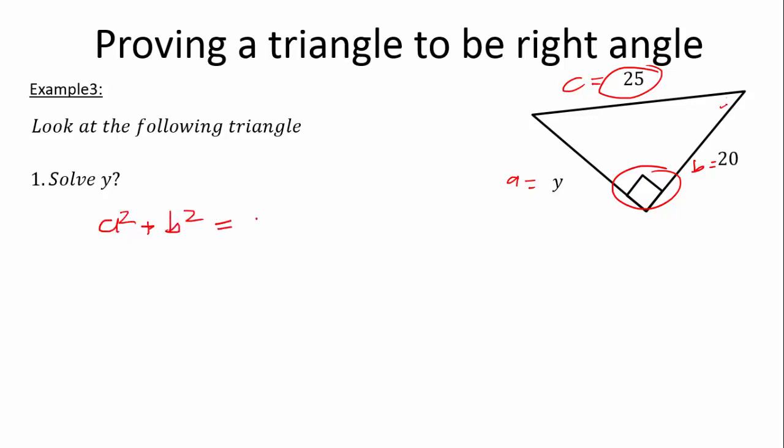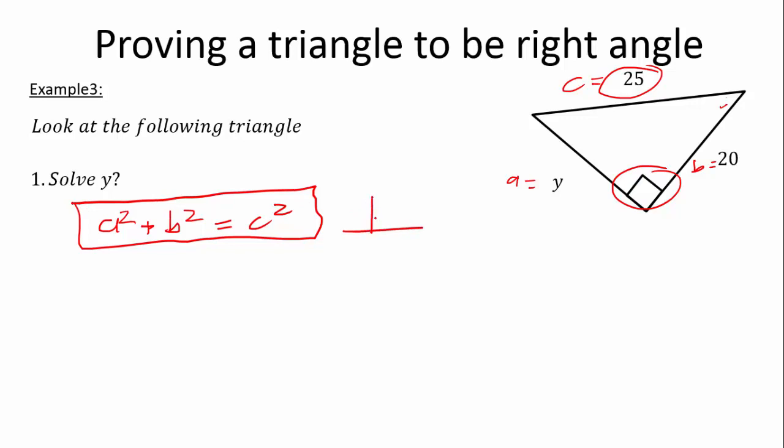A squared plus b squared is equal to c squared. This is Pythag's formula that you must remember for right angle triangles. So a squared is y squared plus b squared, which is 20 squared, and that is equal to c squared, which is 25 squared.